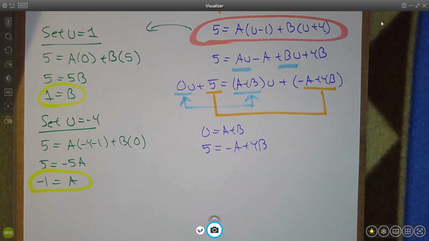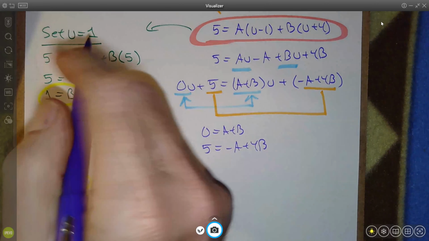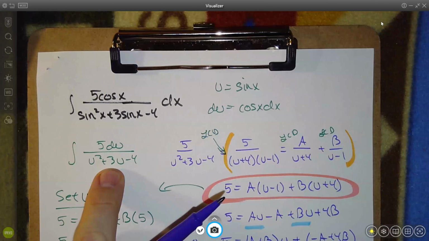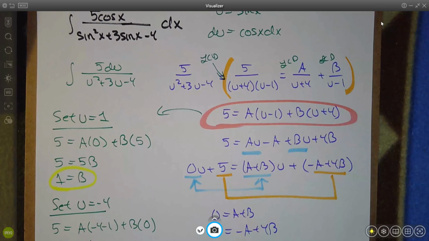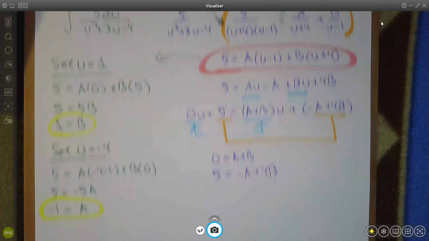So how does that help us out? Well, let's take a look here. Our integral can now be broken up into two smaller, easier bite-sized chunks that we can work with.